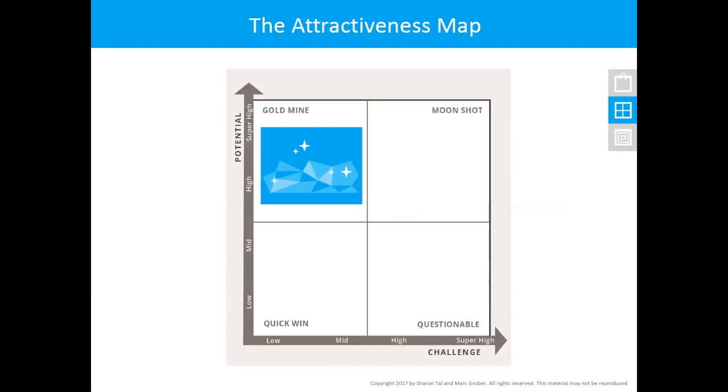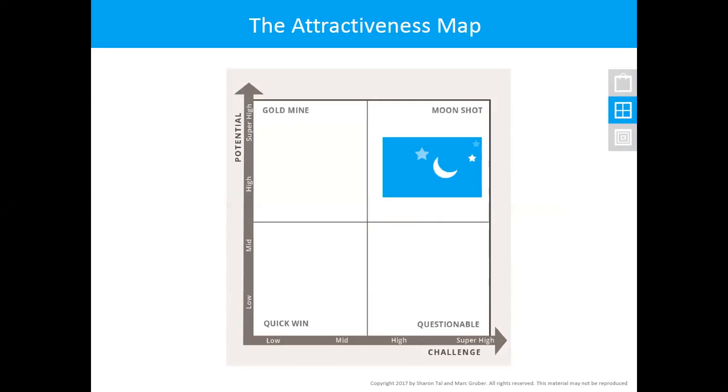The first one, and the most attractive quadrant, is the gold mine zone, with options that have high potential and manageable challenge. Then you can also identify moonshot options, meaning high potential, but also high challenge. These are the high risk, high return alternatives.